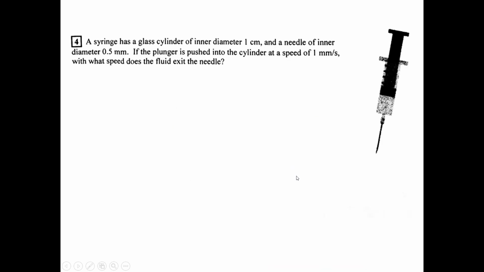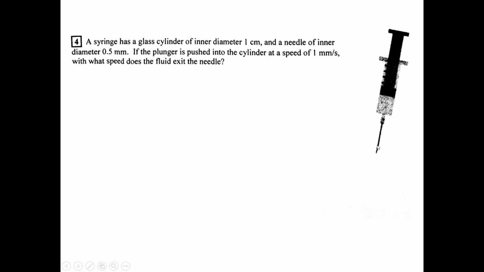Okay, let's go on to a worksheet problem, and I think this is the last thing in this chapter. Here we've got a syringe. It's a glass cylinder of inner diameter 1 centimeter. So the inside, where the plunger is, has a diameter of 1 centimeter. It's got a needle of inner diameter 0.5 millimeter.